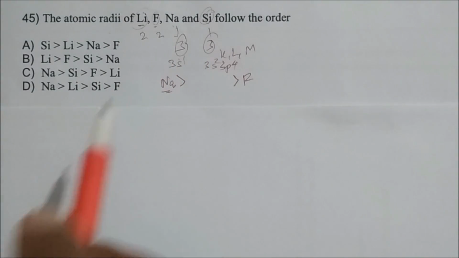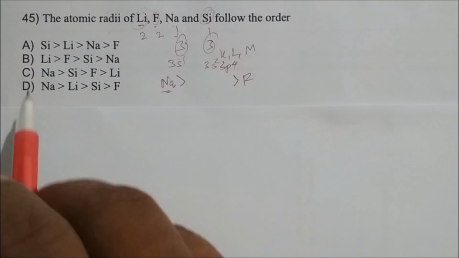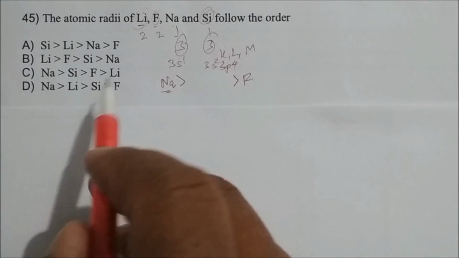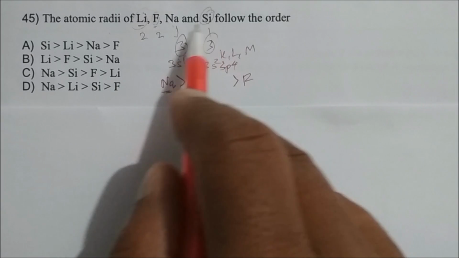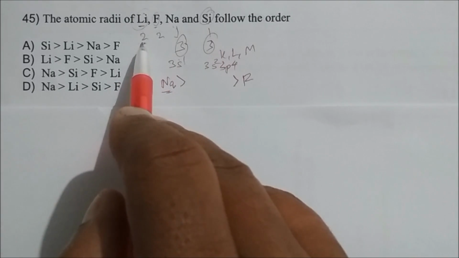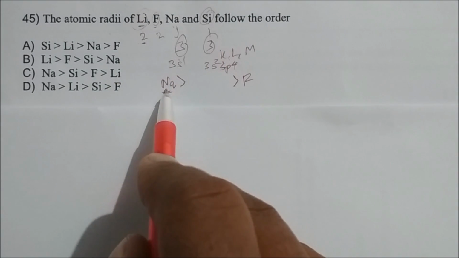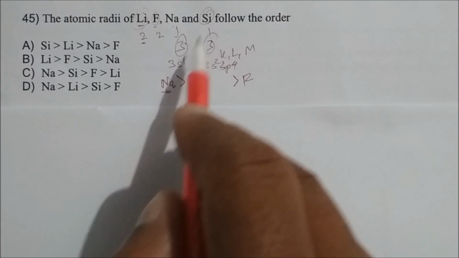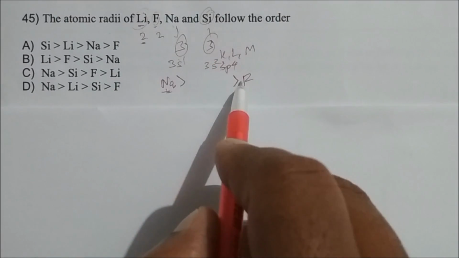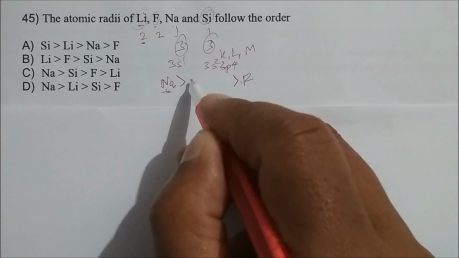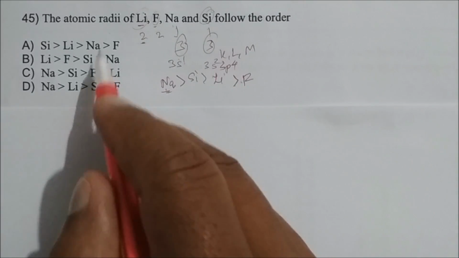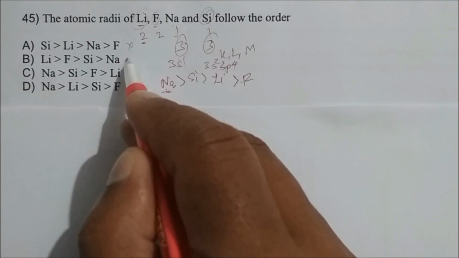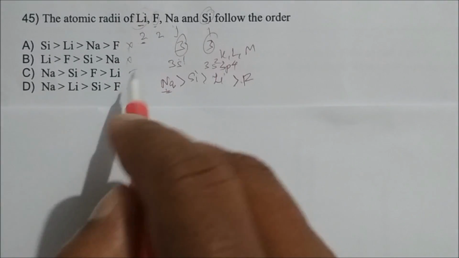As per the rule, silicon has 3 energy shells and lithium has 2 energy shells. So after sodium the chance of coming first is silicon, then lithium, then fluorine. In this there is no such option present, so this is ruled out, this is ruled out, but C and D are left.